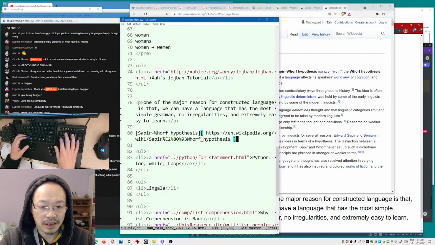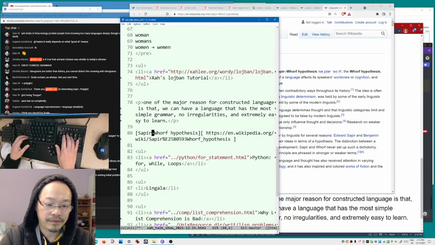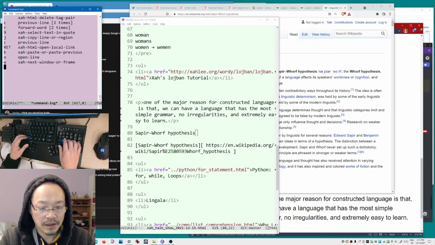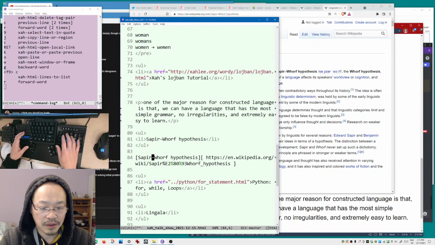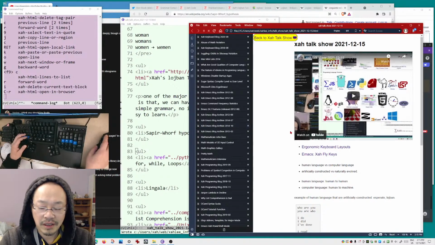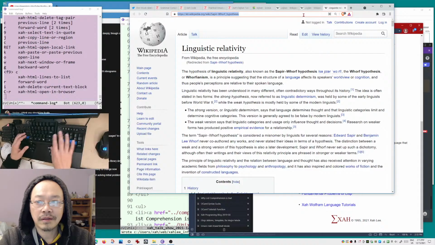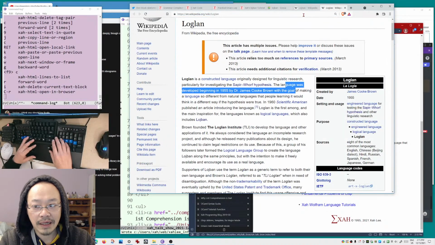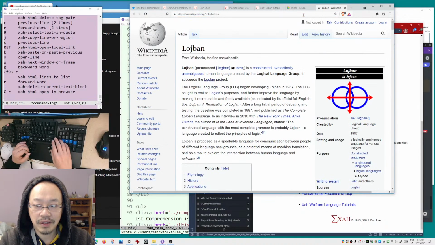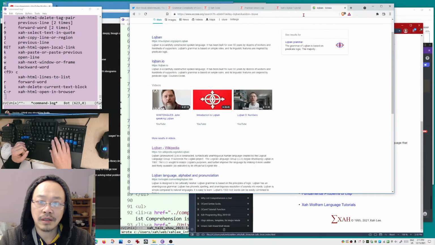Sapir-Whorf hypothesis. Okay, yeah. So you are looking at my Emacs workflow. So here we have a record of what we talked about. Okay, so close that. Lojban we talked about. Constructed languages.